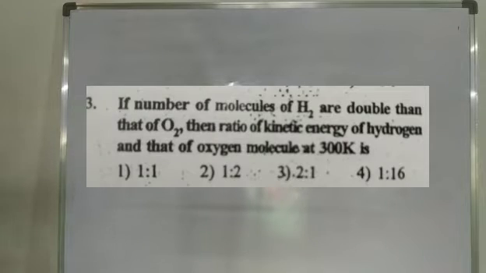Next problem: if the number of molecules of H2 are double that of O2, then the ratio of kinetic energy of hydrogen and that of oxygen molecule at 300 Kelvin is.